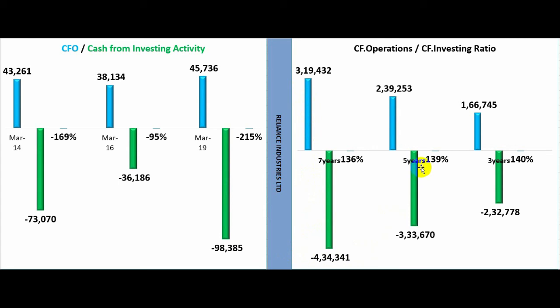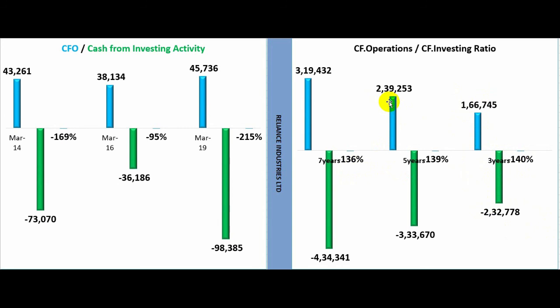In the last 5 years, the total investment in fixed assets stood at around 3,31,000 crores, against the cash earned of 2,39,000 crores. So we see that over the years the percentages have always remained stable at around 130 or 140%. So whatever cash it is earning, more than that it is investing in buying of assets.